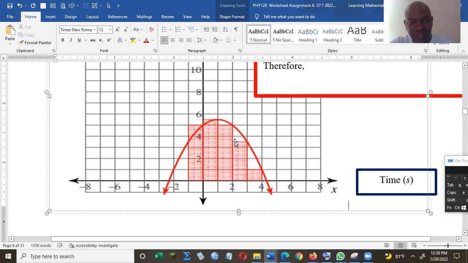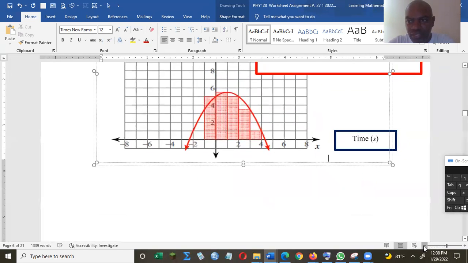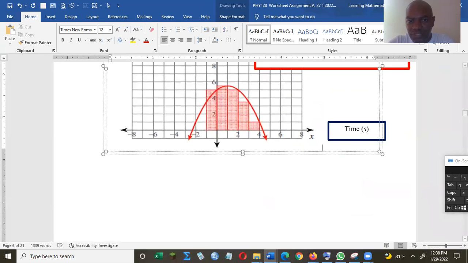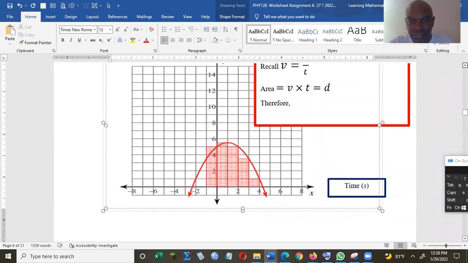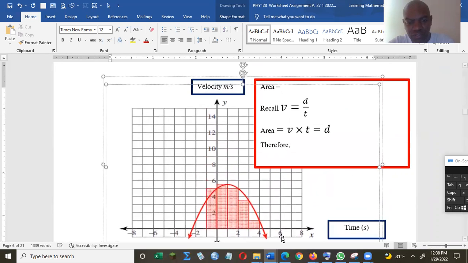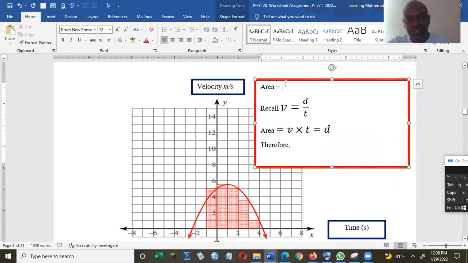A little extra was added to the 17.5 we had gotten. So that would be 19 units squared approximately. So the area under this curve from -1 to 4 is equal to 19 units squared.